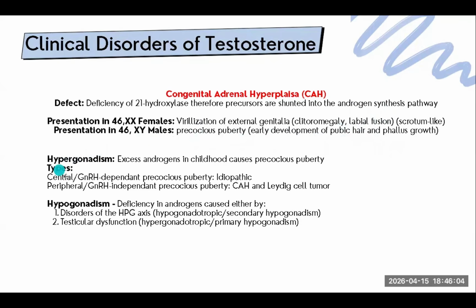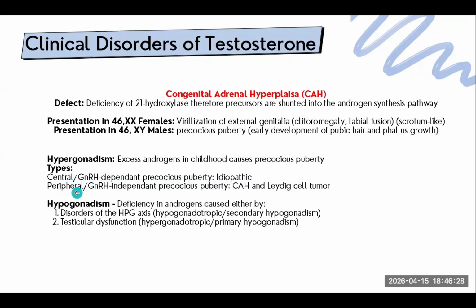Now let's talk about hypergonadism. Hypergonadism is excess androgens in childhood, and this causes precocious puberty. Types of precocious puberty are central or GnRH dependent precocious puberty, and the cause for most of them is unknown, idiopathic.